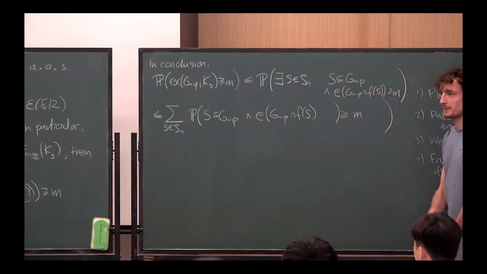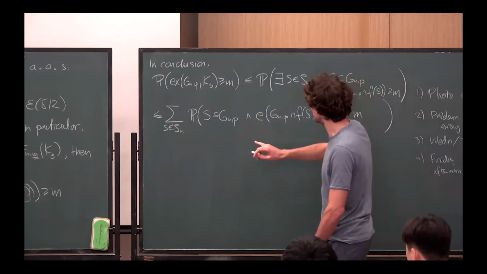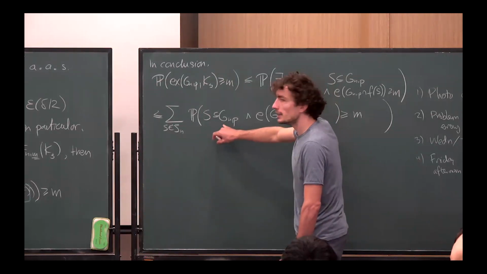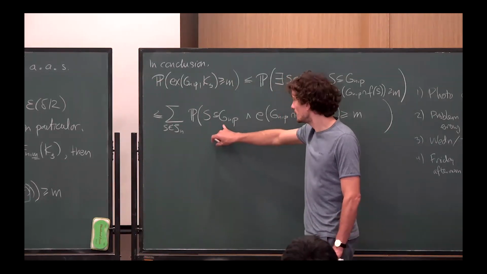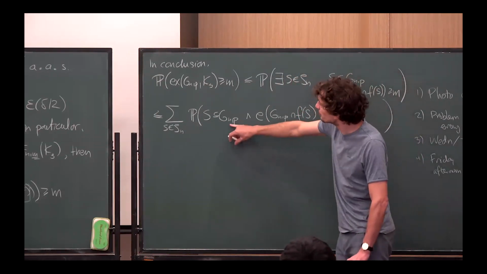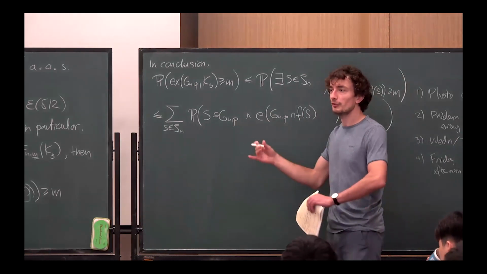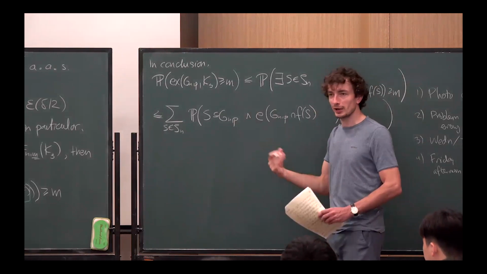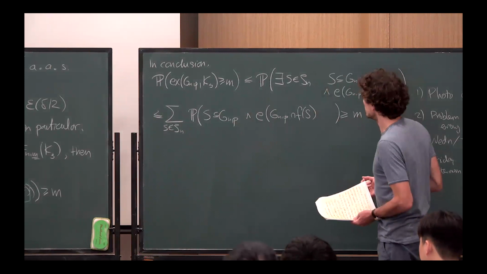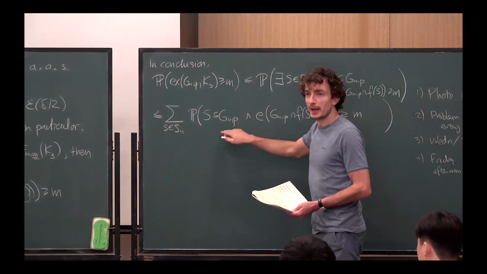I left some space here deliberately because, unfortunately, this event is increasing in G(n,p), and this event is also increasing, and somehow bounding the probability of the intersection of two increasing events is hard. If one of them was increasing and the other decreasing, I could use Harris's inequality, but I cannot. So let's try to make these events independent.